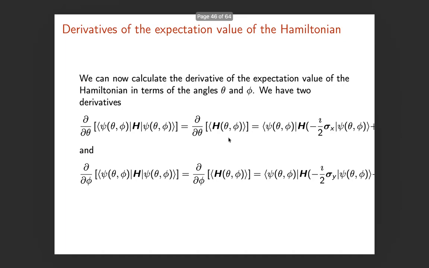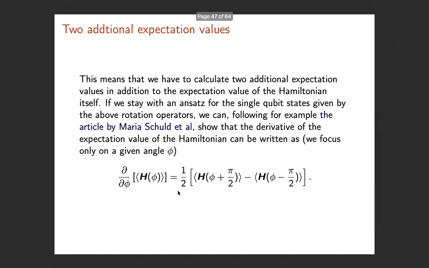When I calculate the derivative, I'm sorry, this is missing on the slides here, this is a Hermitian conjugate of this expression. So I would have a Pauli X matrix here, because I have a rotation in the x-axis, and a Pauli Y matrix because I have a rotation along the y-axis as well. So that's the first step.